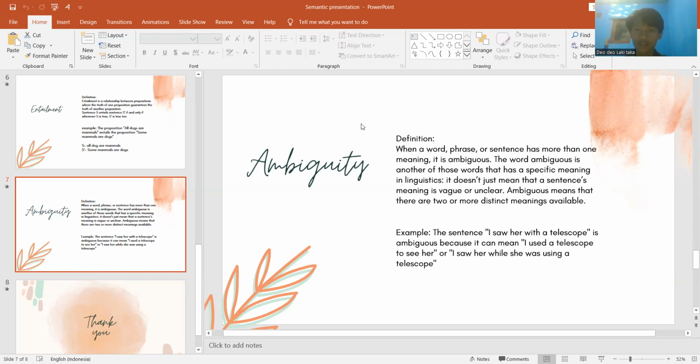We can think it is I used a telescope to see her, or I saw her while she was using a telescope. Maybe that's all from my assignment.